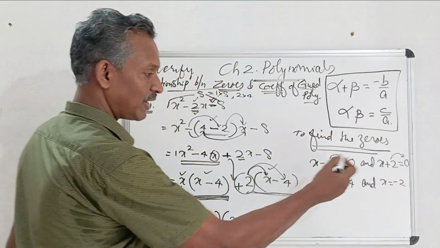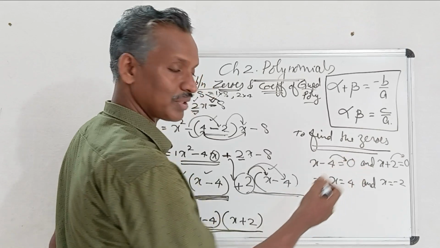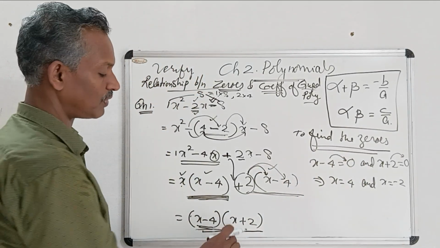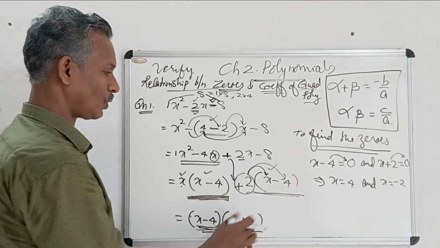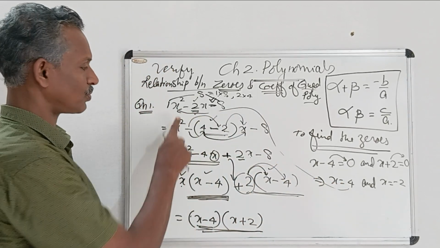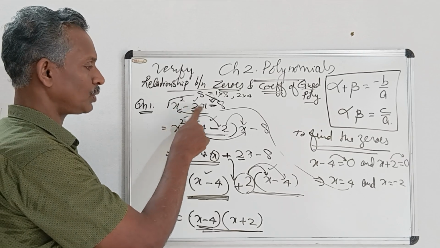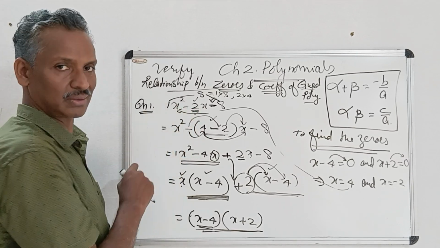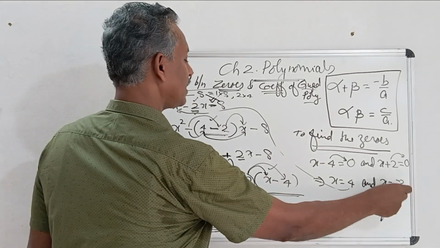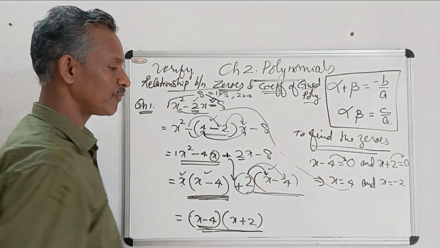So whatever values of x we get, they are the zeros, because if you put 4 here, 4 minus 4 becomes 0, and whatever it is here, it will be totally 0. Otherwise also, if you directly put 4 here, it will become 0. 4 square is 16, minus 2 into 4 it is 8, 16 minus 8 is 8, 8 minus 8 is 0. Like that, if you put minus 2 also, it will become 0.